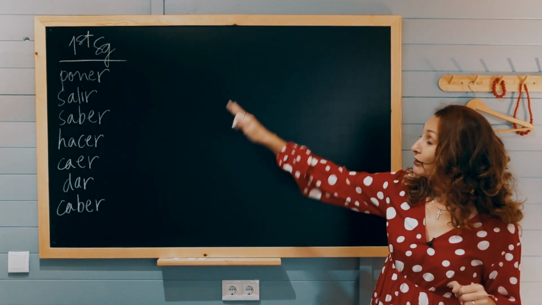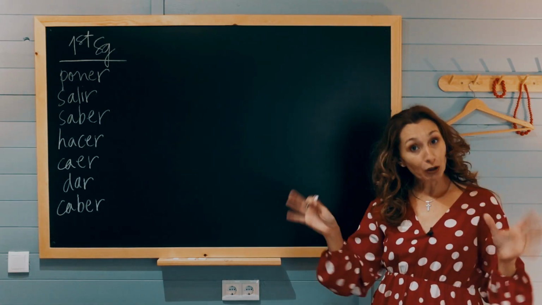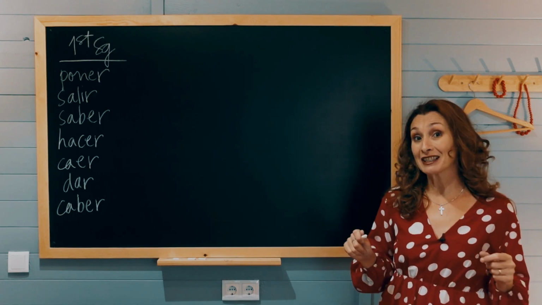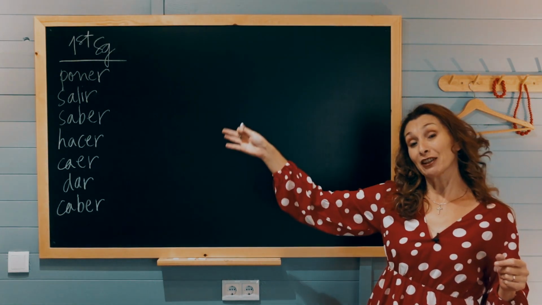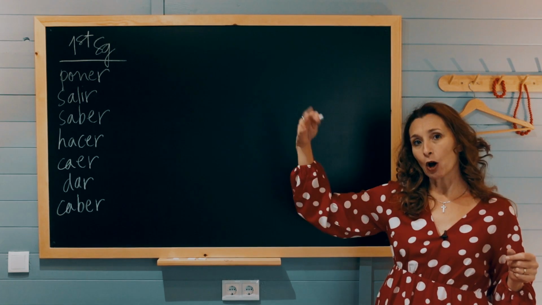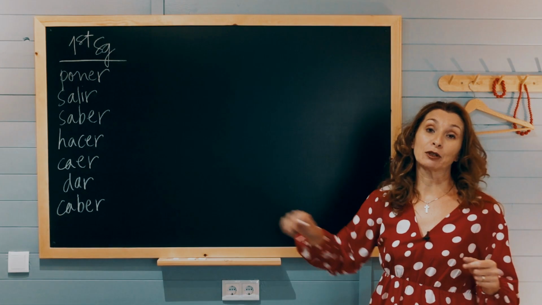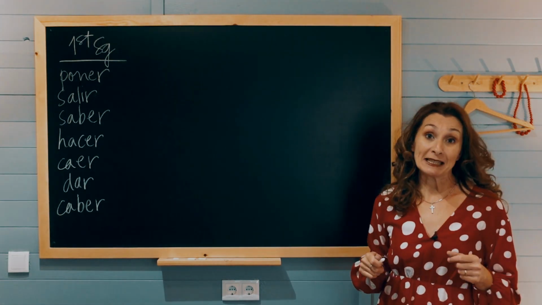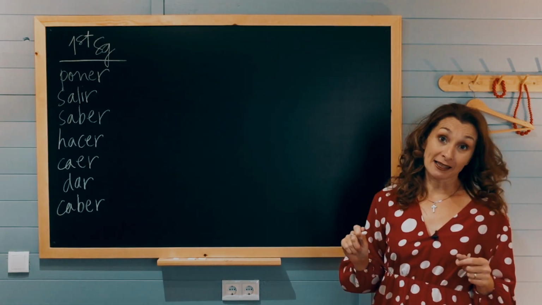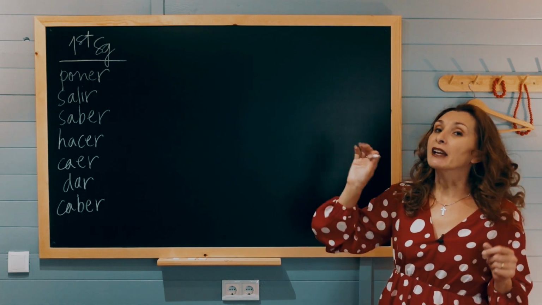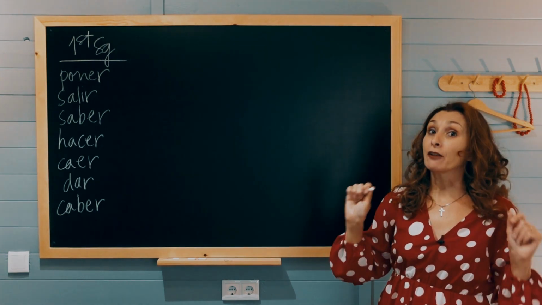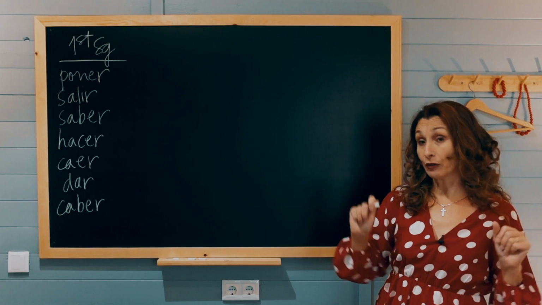Okay, so this group has very peculiar irregularities. The irregularities that you see in this group don't repeat over and over again with other verbs. They are really typical only of these, okay? And as I said earlier, as you've seen, they only affect the first person singular, but not the rest.